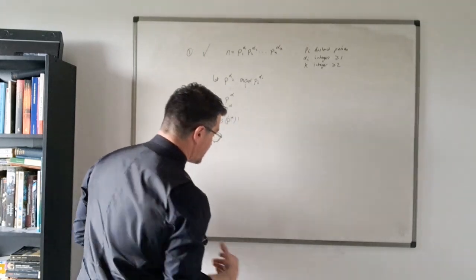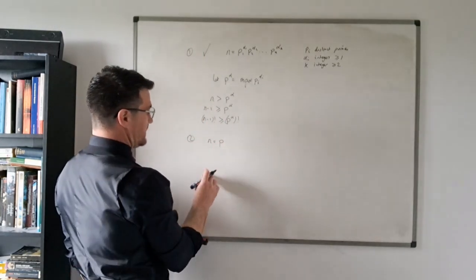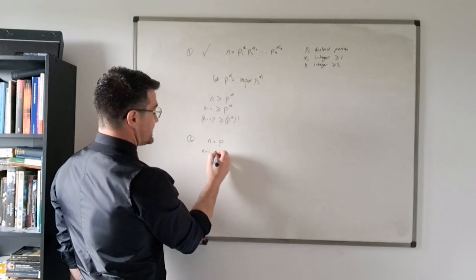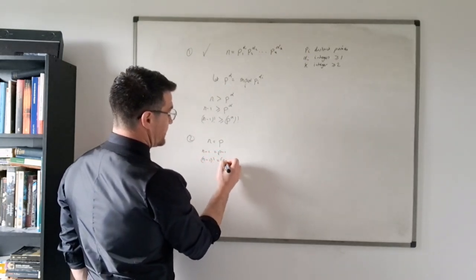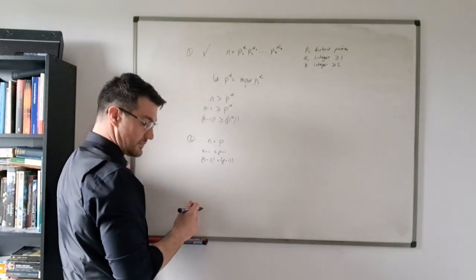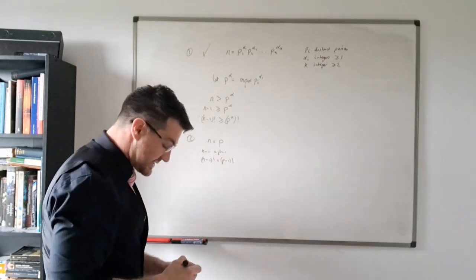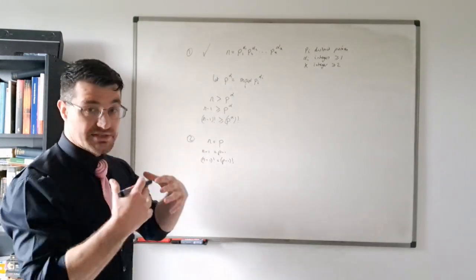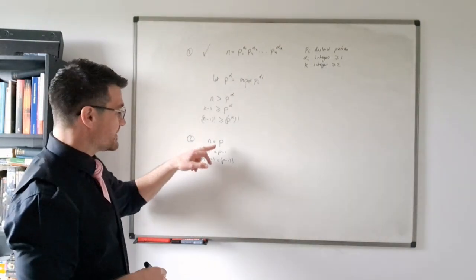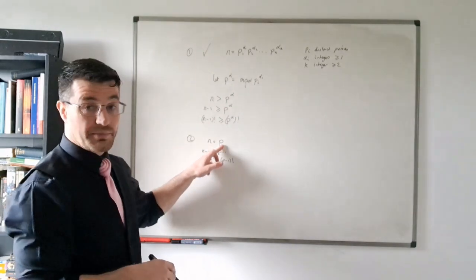So in other words, n is equal to p. Well, in that case, n minus 1 is equal to p minus 1, and therefore (n minus 1) factorial is (p minus 1) factorial. And as I've explained in my previous video, the same applies. The fundamental theorem of arithmetic will guarantee that p is not a composite number.